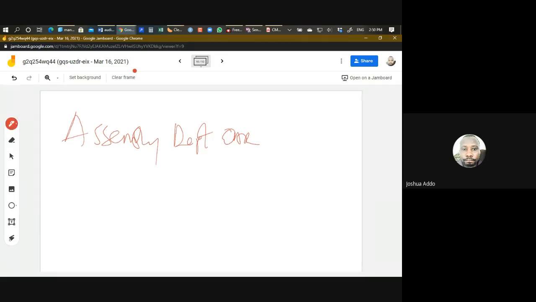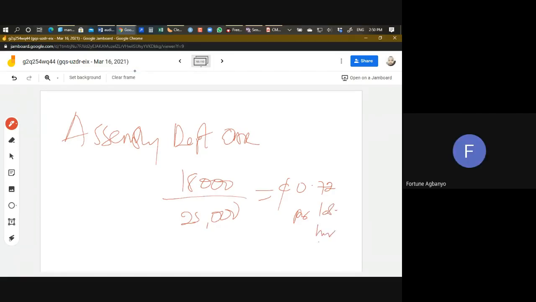So it will be 18,000 divided by 25,000. Is everybody okay with this? Yes, sir. What would the answer be? 0.72 per labor hour.